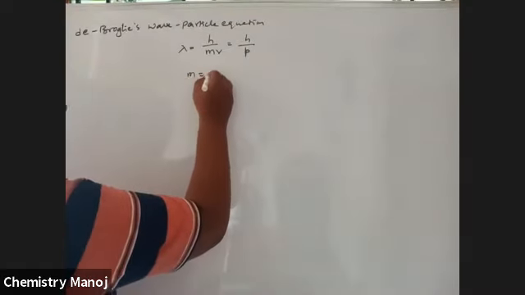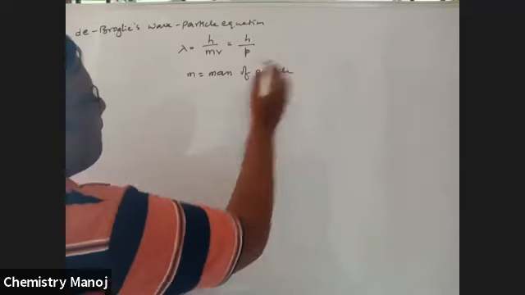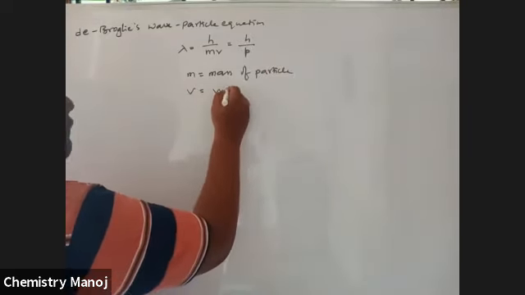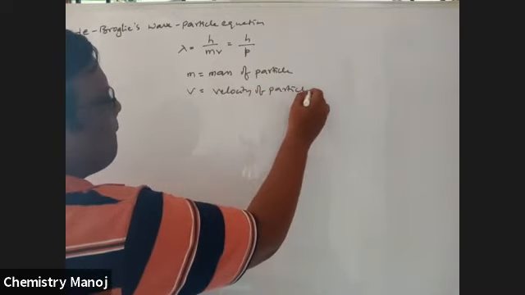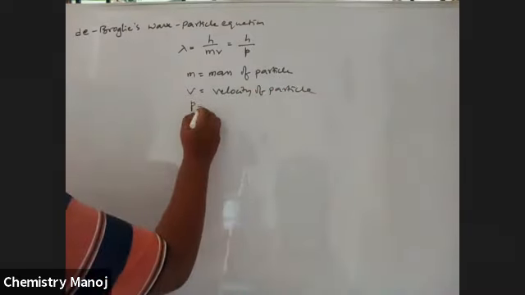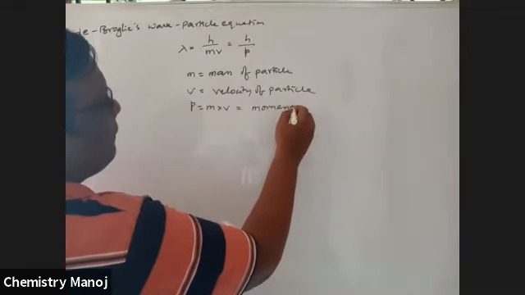Here m is the mass of the particle, v is the velocity of the particle, and p is mass into velocity, which is nothing but the momentum of the particle.